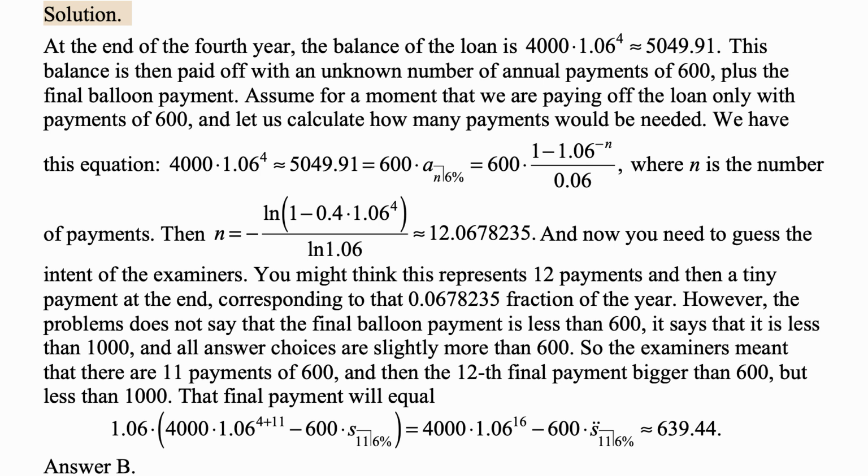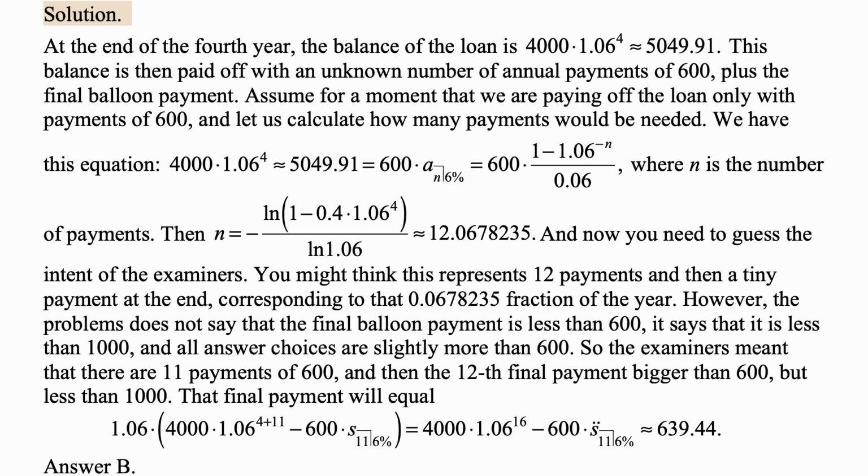A very important skill to develop. Sometimes on the exams you need to pay attention to the original intent theory of actuarial exams. You need to answer the question that the examiners intended to ask, not necessarily the one they asked. In this case, you might think, well, that's 12 payments and a little bit. That's not what they intended.